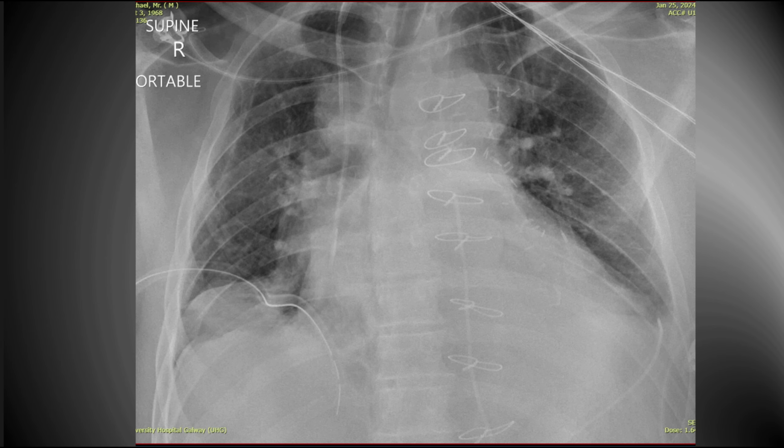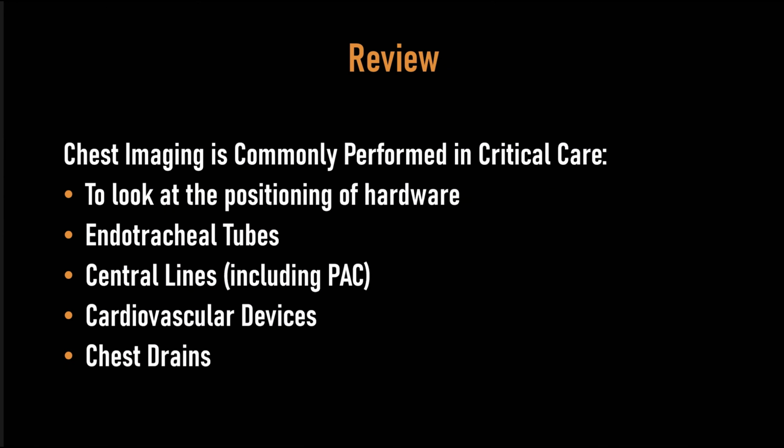Now let's review this tutorial. In this tutorial, we looked at chest imaging in critical care, looking at hardware, specifically looking at the position of hardware and malpositioning. I started with a discussion about endotracheal tubes, where they need to be placed above the carina and what happens if they are pushed in too far into one of the main bronchi, usually the right main bronchus.